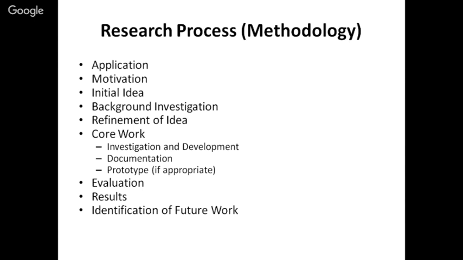So first you should identify the application. For example, in computer science, if you are going to do research in wireless communication, mobile computing, or big data analysis, you should first know the real-world applications. Then and only then will interest be generated.